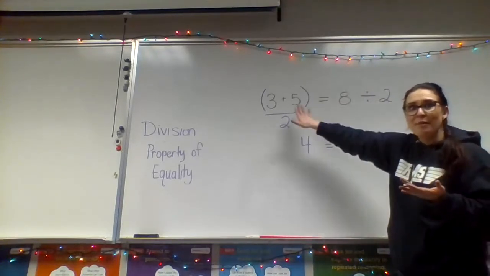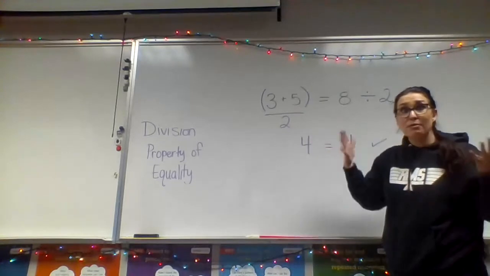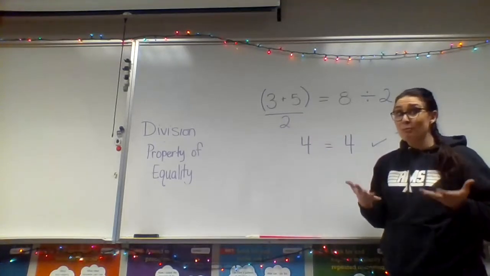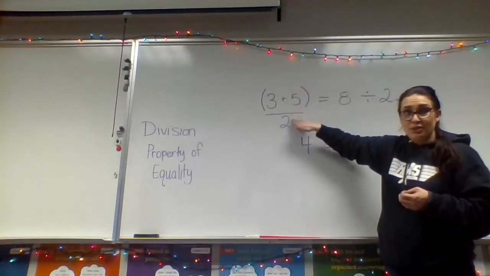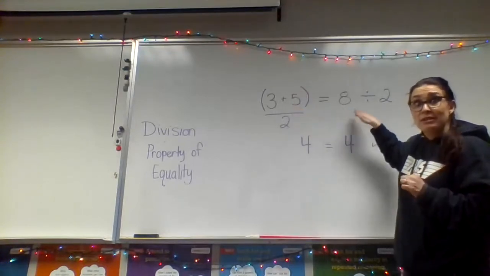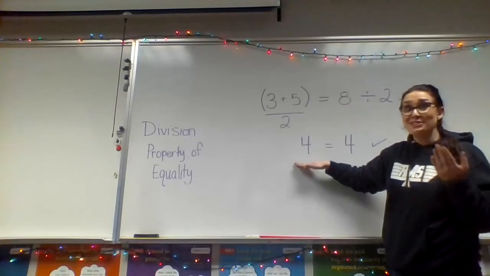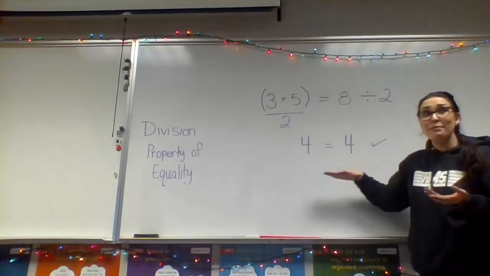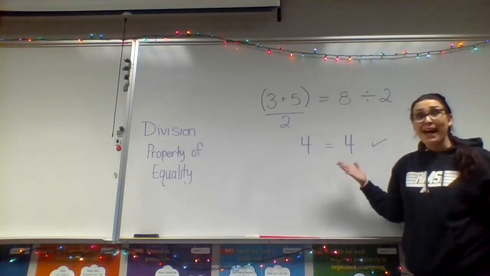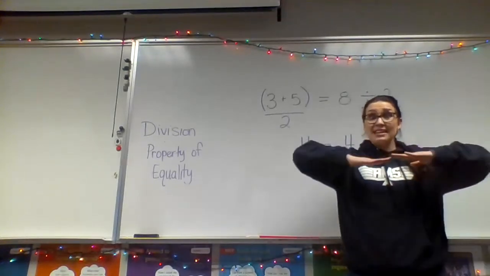So it might look a little bit different here, my friends, but remember, that's just a different way that I can represent division. And when I have 8 divided by 2, we know that the solution, the quotient, the answer there is 4. And we know that 4 equals 4. That means that my equation is still balanced.